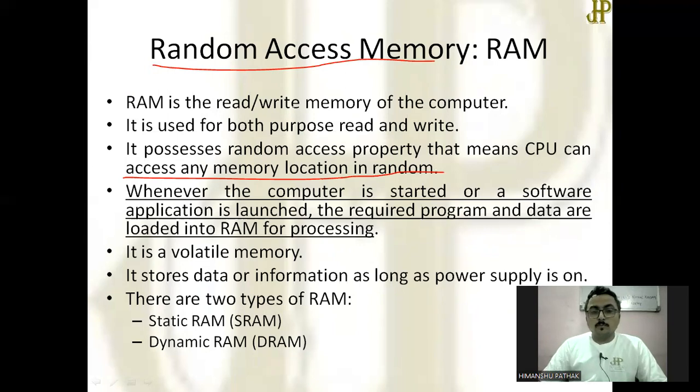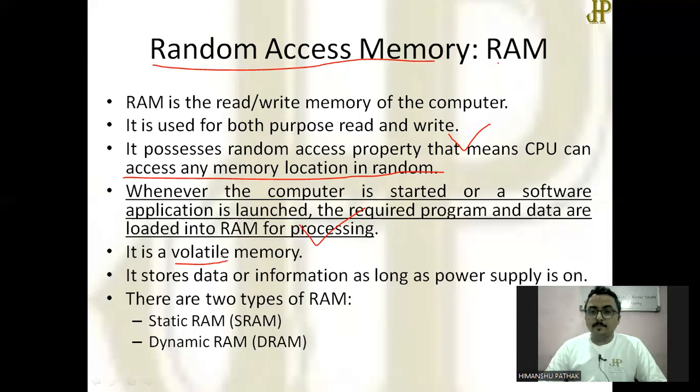It is used for both purposes, read and write. Whenever the computer is started or a software application is launched, the required program and data are loaded into RAM for processing. It is a volatile memory. As soon as the system power supply is off, all the data kept in RAM is written off. Clear?